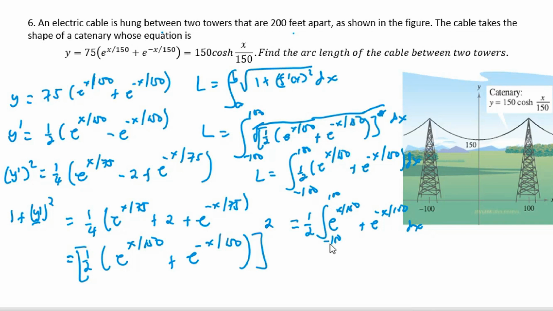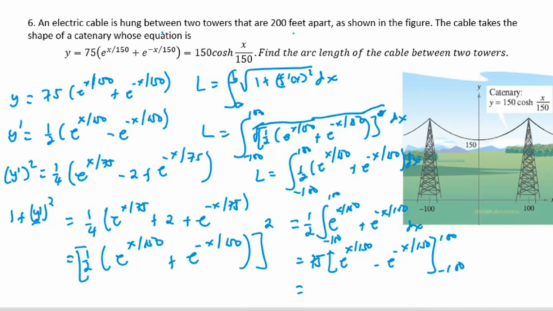Integrating that gives us 75 times e raised to x over 150 minus e raised to negative x over 150, evaluated from negative 100 to 100.